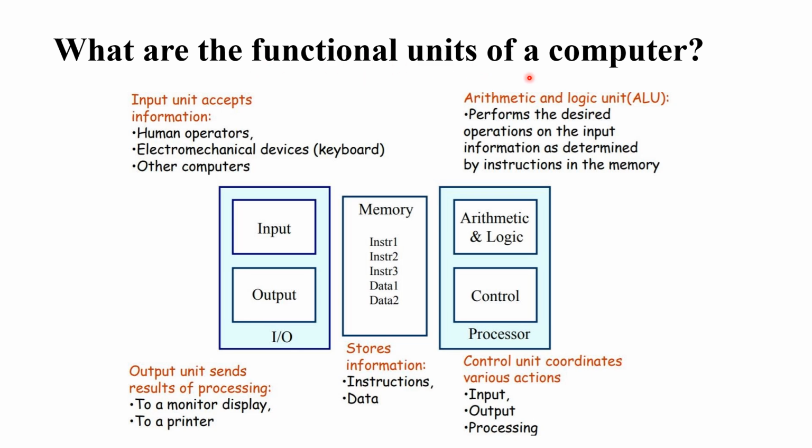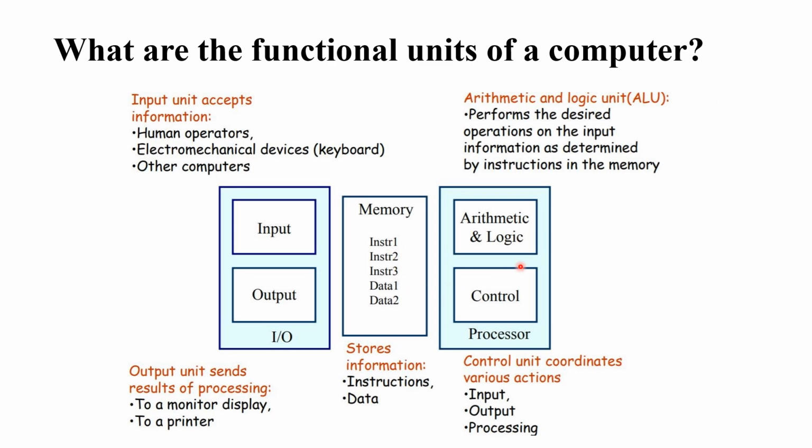What are functional units? Functional units are the main parts of a computer that work together to perform tasks. Central processing unit, or simply, CPU. The CPU is the brain of the computer. It performs calculations and executes instructions.